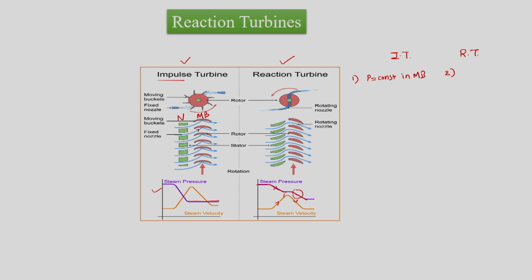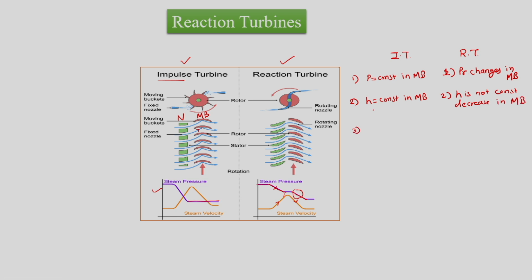In a reaction turbine, pressure changes in the moving blades. So enthalpy is constant in the moving blades of an impulse turbine, and second, in a reaction turbine, enthalpy is not constant and rather decreases in the moving blades.